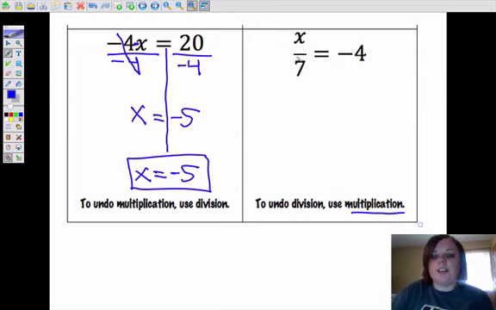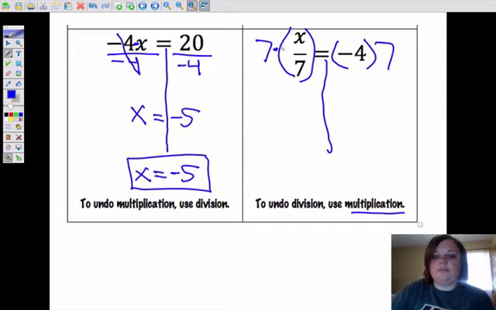Since it's being divided by 7, I'm going to multiply by 7. And if I do it to the left side, I need to do that to the right side. Then this 7 and the divide by 7 cancel out, and I'm left with x. And then negative 4 times 7 is equal to negative 28. So my answer would be x is equal to negative 28.